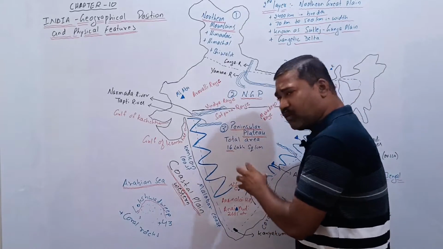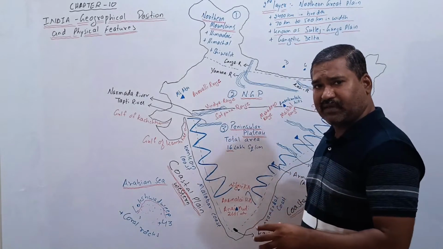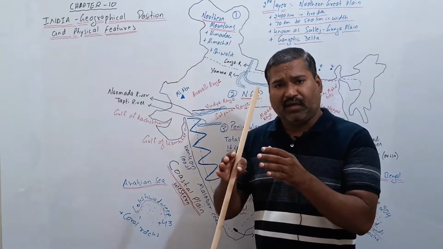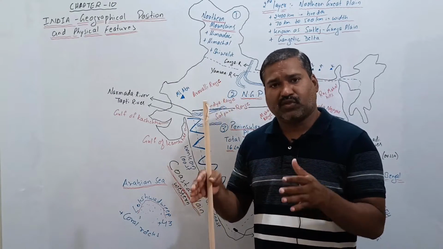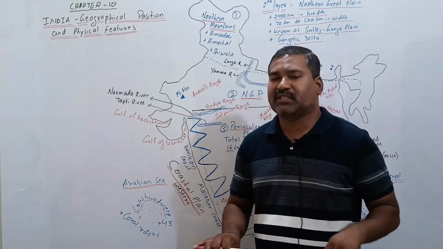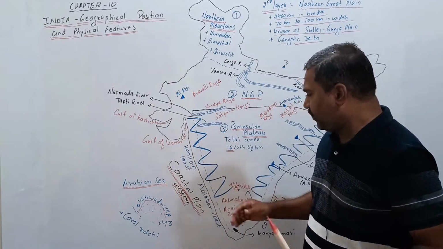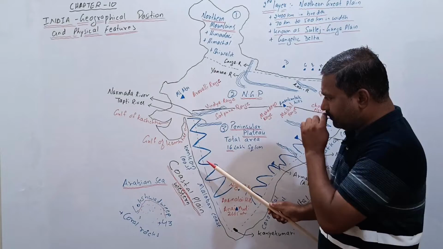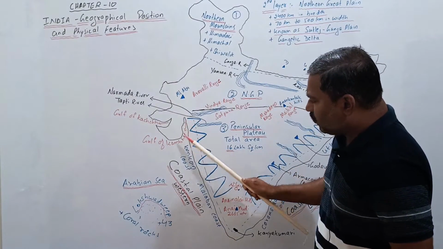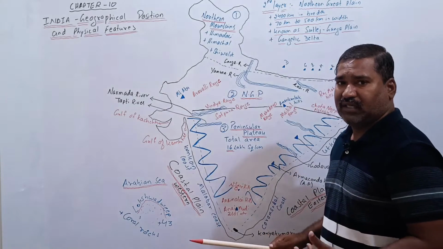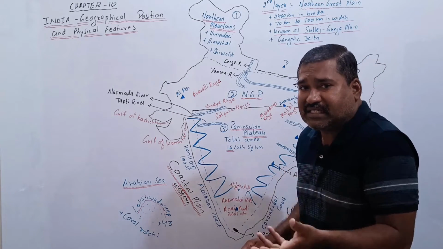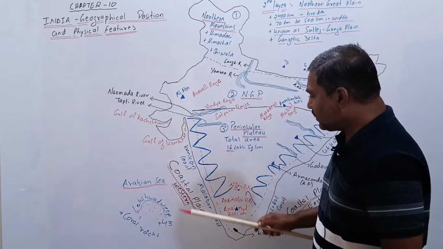Now, the western coastal plain and the eastern coastal plain also lie towards the peninsular plateau. So let us make small differences regarding the coastal plain. Some points will be repeated from the Western and Eastern Ghats.